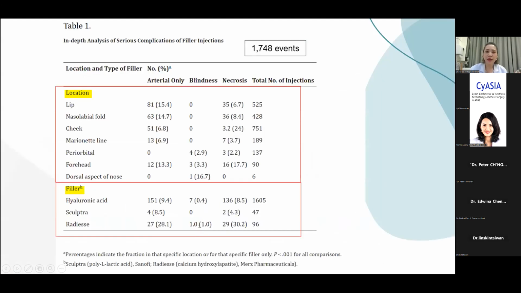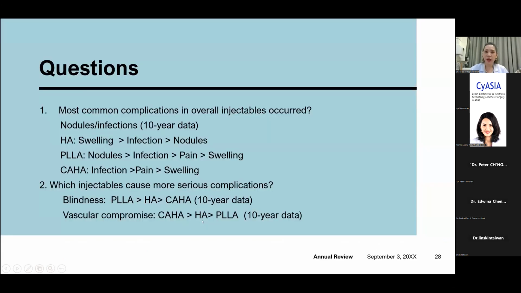And if we look into the locations of the adverse events, you can see that necrosis usually occurs on the lip, the nasolabial fold and the cheek, while blindness usually occurs in the periorbital area, forehead, and dorsal aspect of the nose. And for the fillers, Sculptra and Radiesse also cause more blindness.